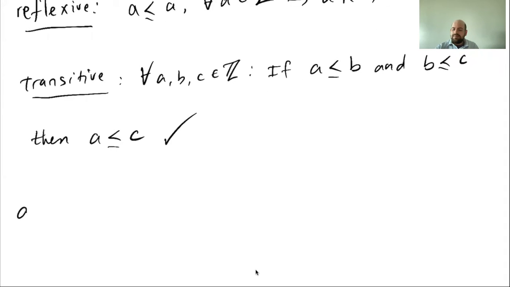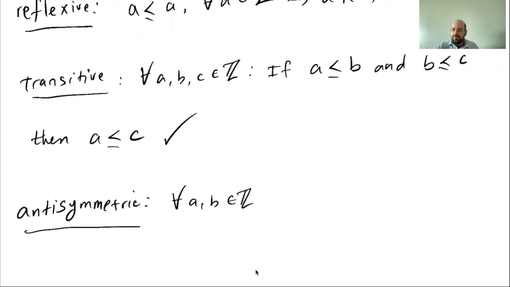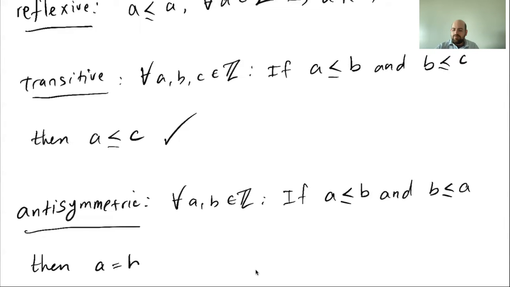And finally, antisymmetric. Antisymmetric means for every A and B in Z, if A is less than or equal to B and B is less than or equal to A, then A equals B, which is obviously true, right? Again, this is a property of inequalities.